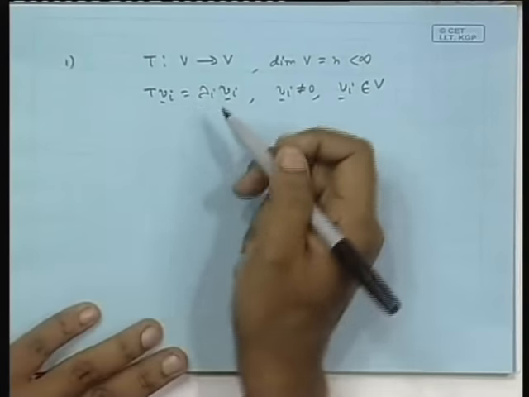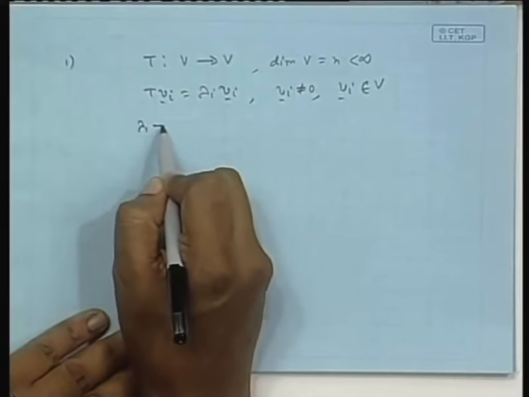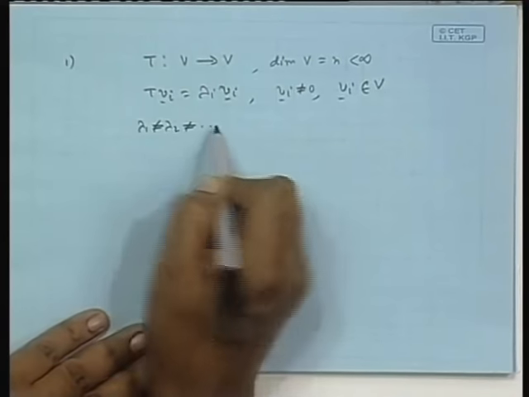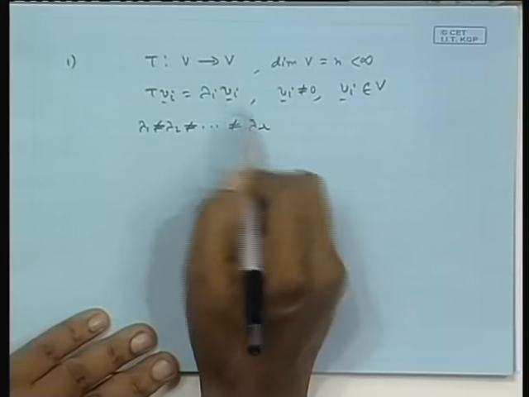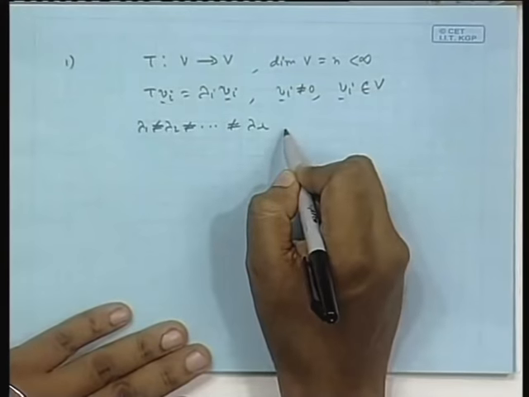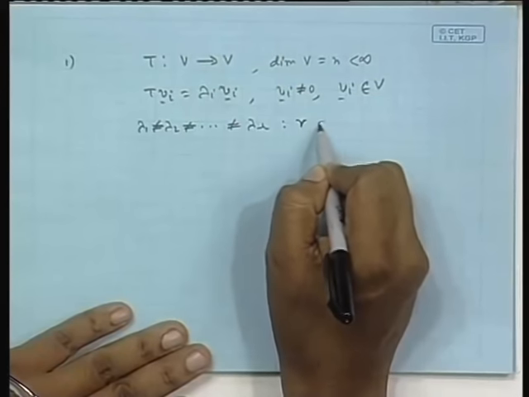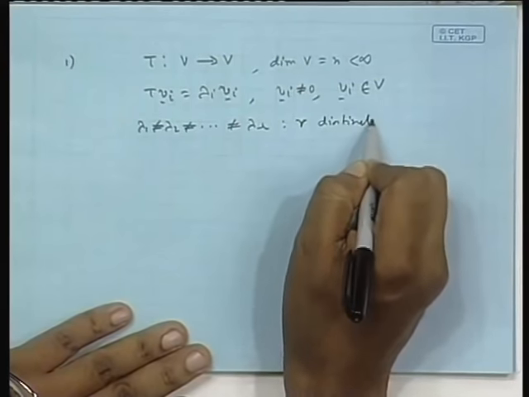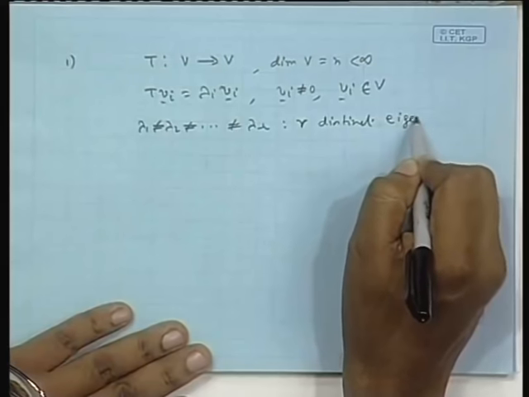Now, suppose we have lambda 1 not equal to lambda 2 not equal to dot dot dot not equal to lambda r, that is, a set of r distinct eigenvalues.